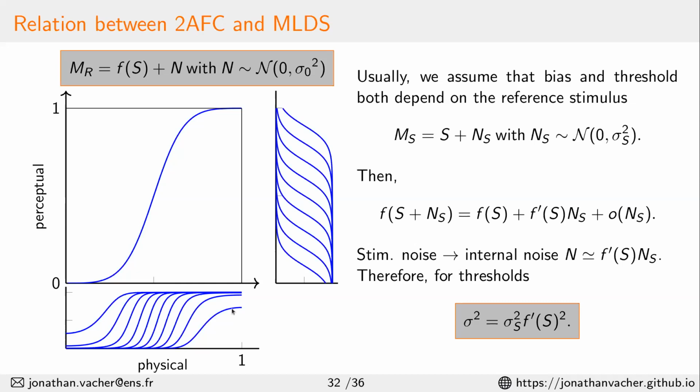I'm currently doing experiments to measure the psychometric function and the MLDS function, and to see how close we are to verifying this identity. And then maybe we will be able to move towards more complex textures and to validate this theory further.